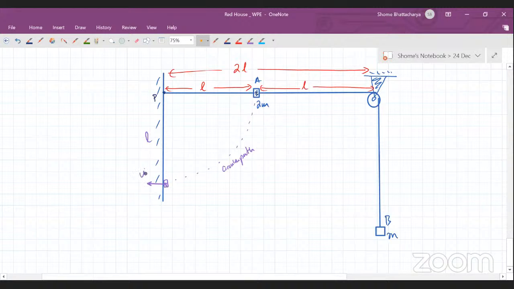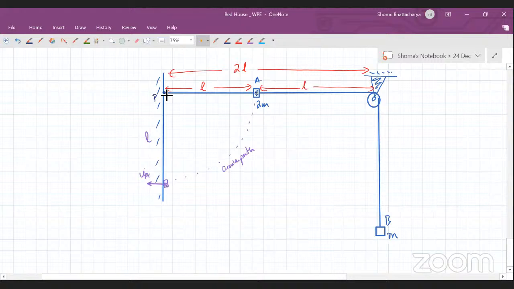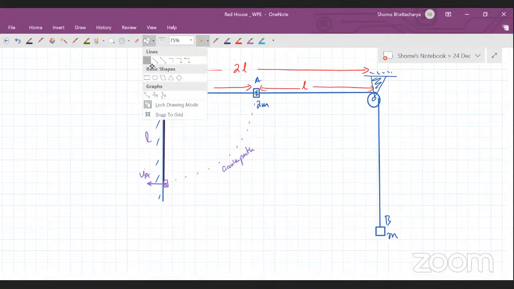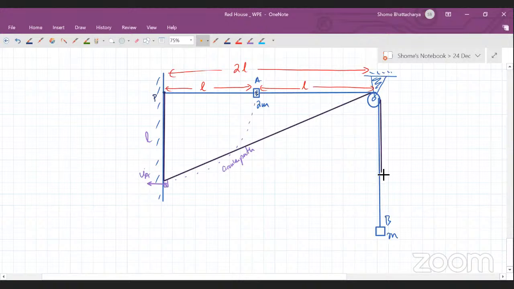So its instantaneous velocity will be like this, because by then the thread joining A with the wall will have just about become vertical. It's of length L, this thread. And the other thread, which is joining A with the block B through the pulley, would now be in this kind of position.